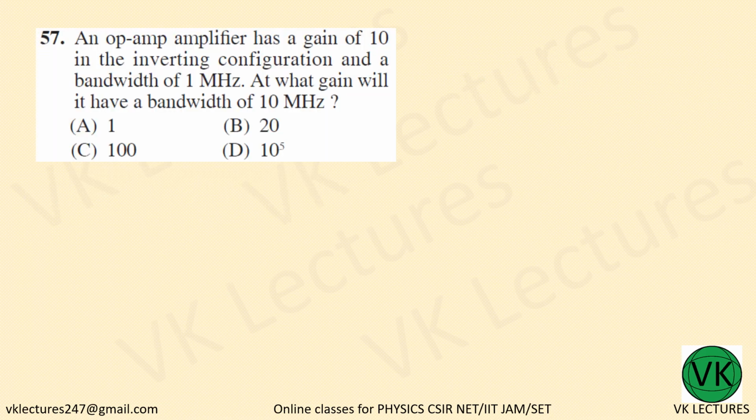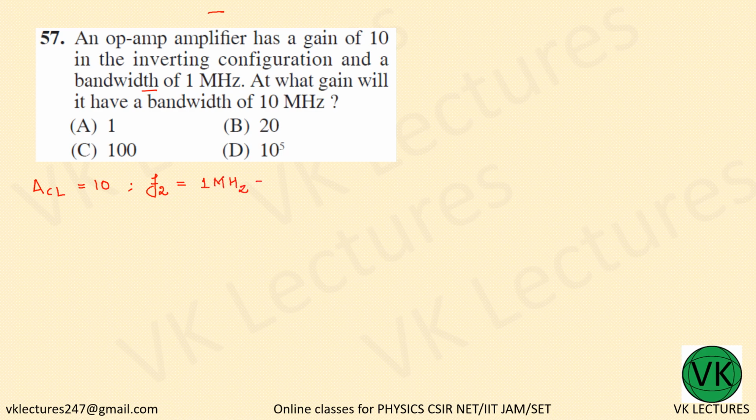Question number 57. Now let us understand each term given in this question. So the op-amp amplifier has a gain of 10. So this is closed loop gain ACL, which is equal to 10, and the corresponding frequency, which we will represent by F2, is equal to 1 megahertz. Okay.